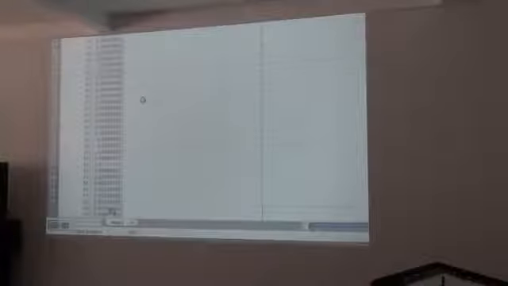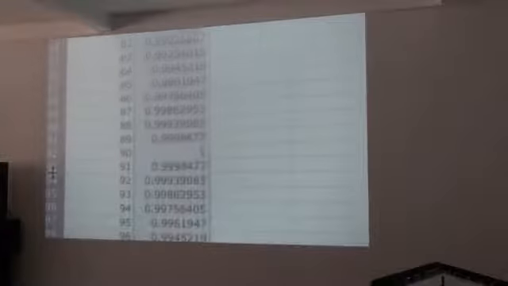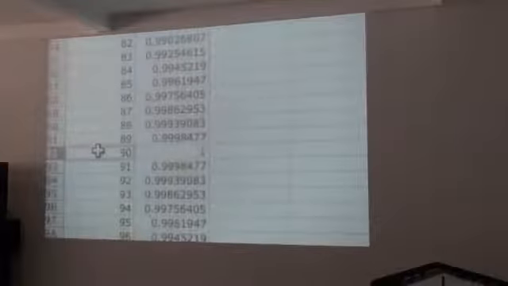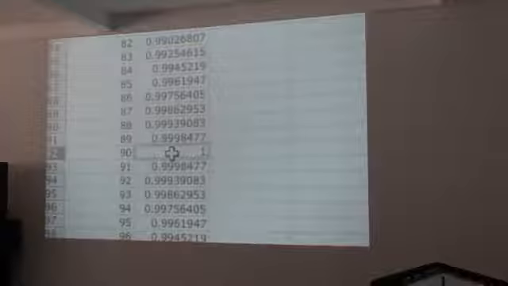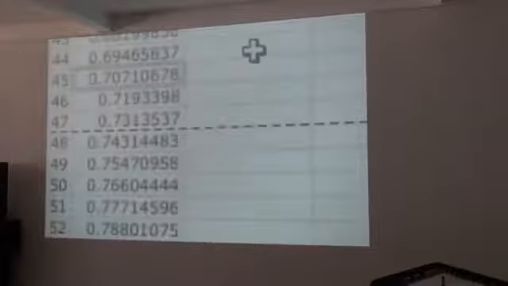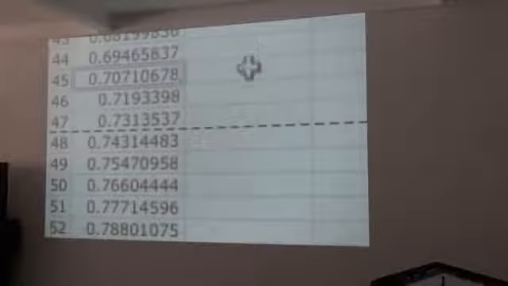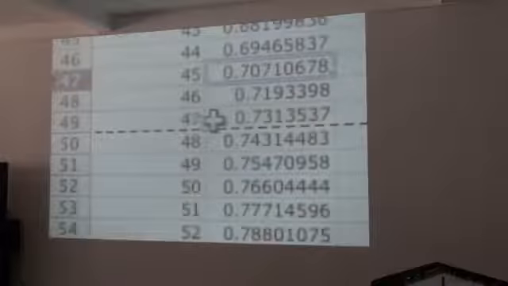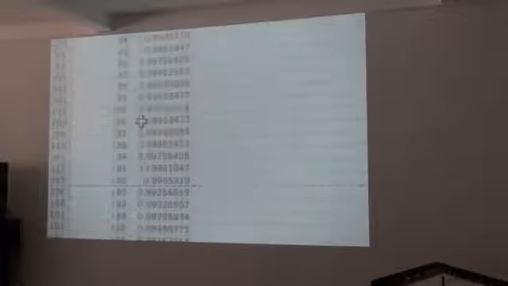And then I found that at 90 degrees the sine function is 1. And then at 45 degrees the sine function is 0.707. At 180 degrees the value is 0.